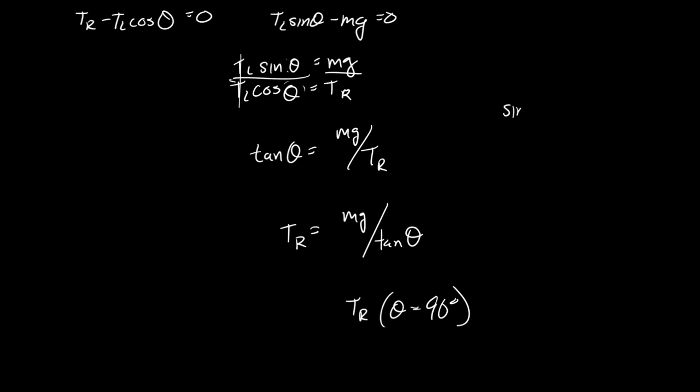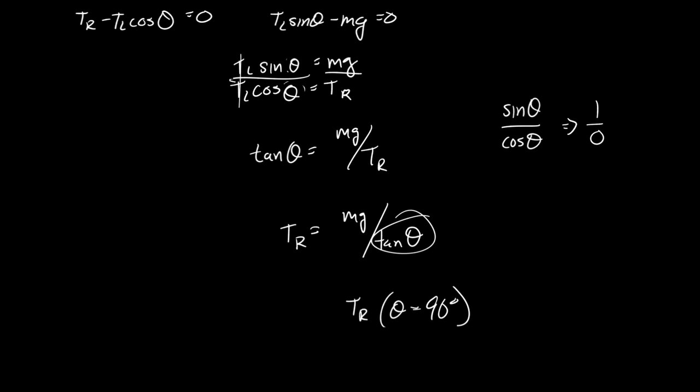Tangent is sine theta over cosine theta. Sine of 90 is 1. What's cosine of 90? 0. So as we approach 90 degrees, tangent theta approaches, doesn't approach undefined. What does it approach? 0. No. Way to go.